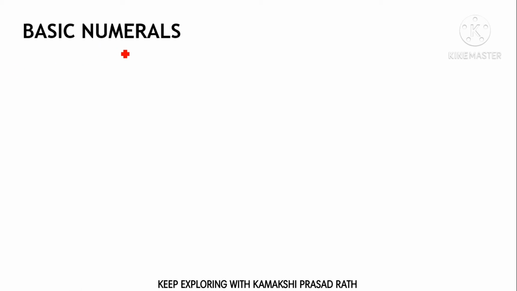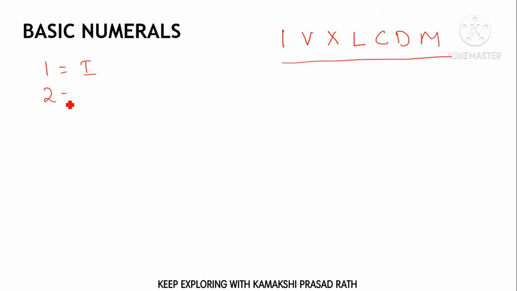As we know, the symbols for Roman numerals are I, V, X, L, C, D, M. Using these 7 symbols only, we write any Roman number, and we have some rules for this. For the basic numbers, 1 is I, 2 is II, 3 is III.